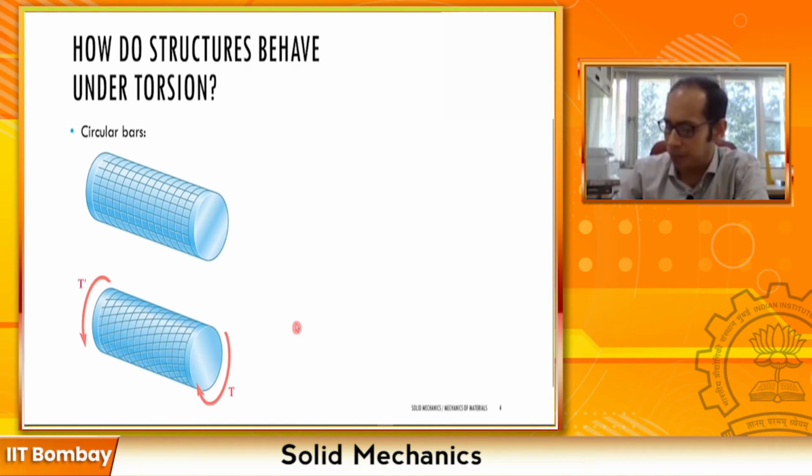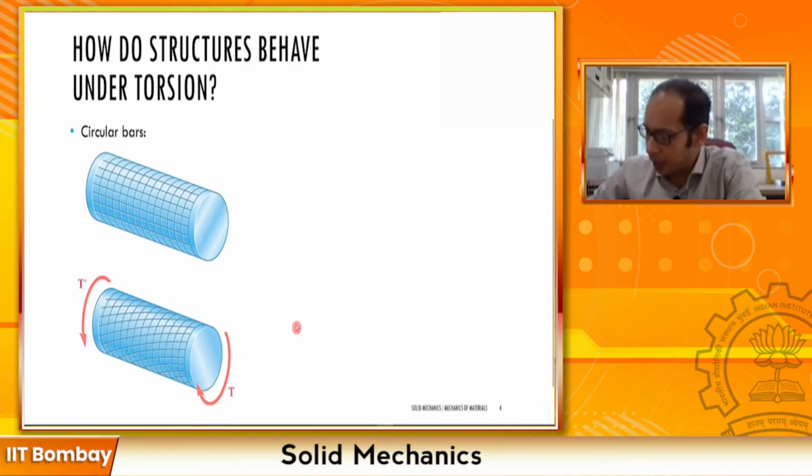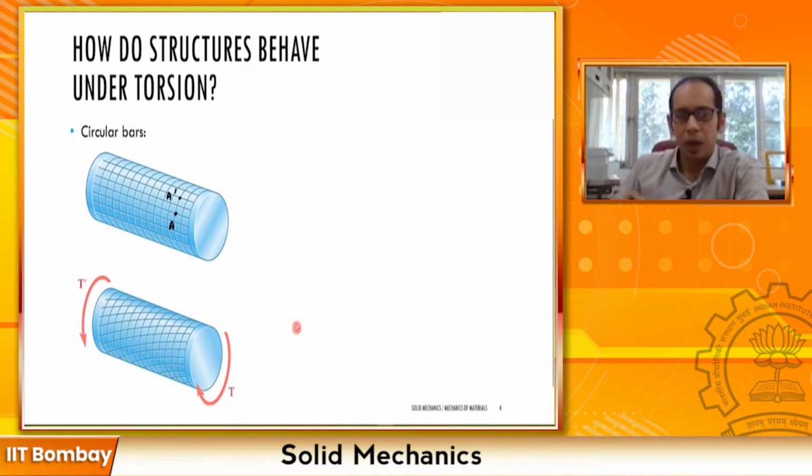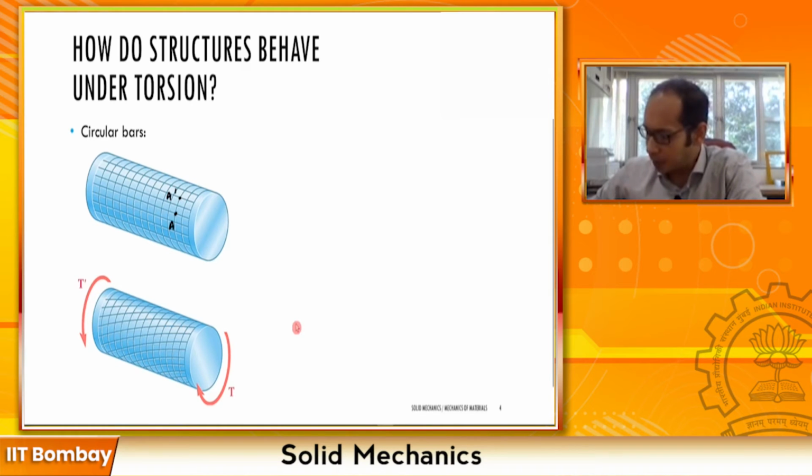What I mean by that is, suppose you are looking at two points, suppose I call this point A and another point here A prime. After you have applied the torque, A has simply moved to another point over here. So this is my new position of A, and A prime has moved to another point over here.